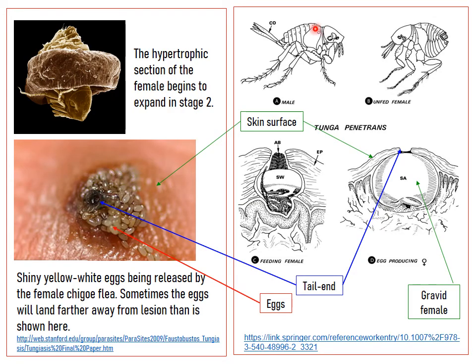In this slide here, you can see a male flea and a female flea. When the male and female flea mate, the female flea is fertilized. A fertilized female flea would then burrow her way under the skin.